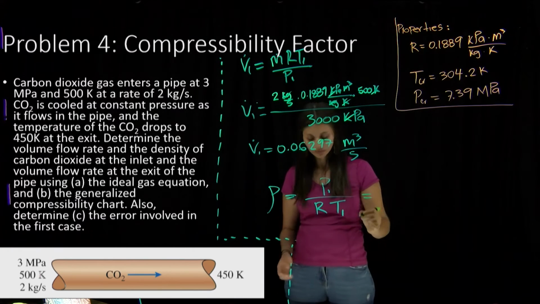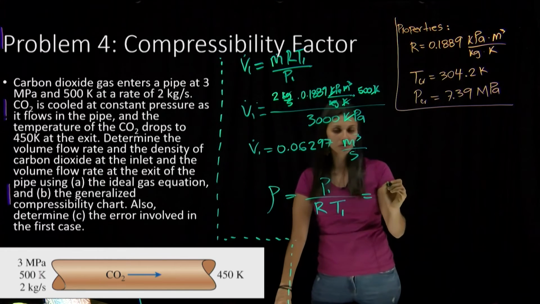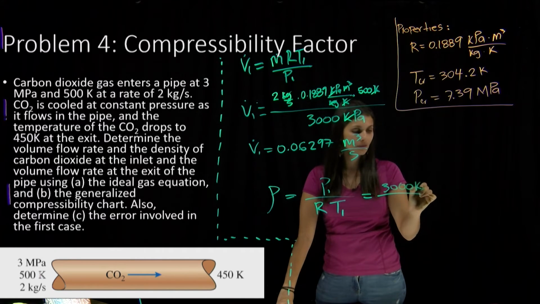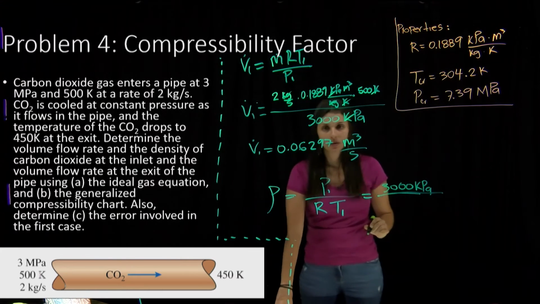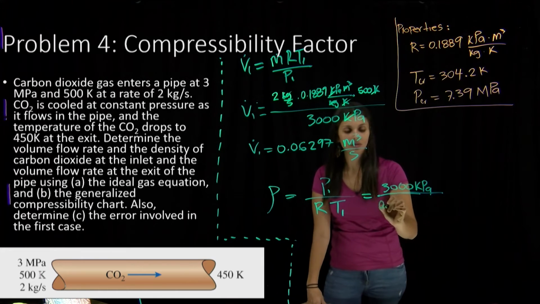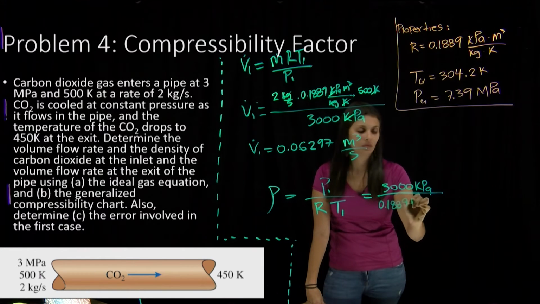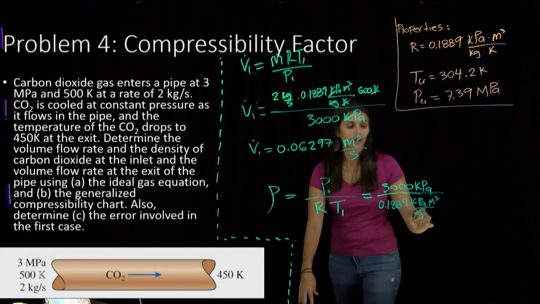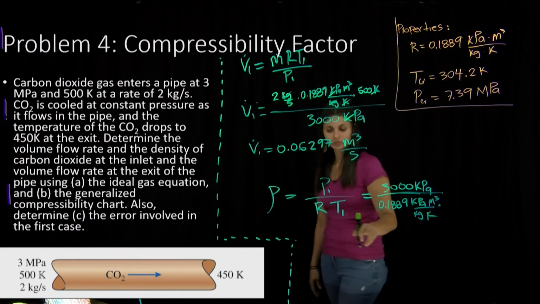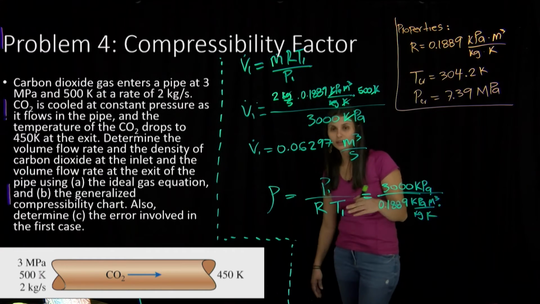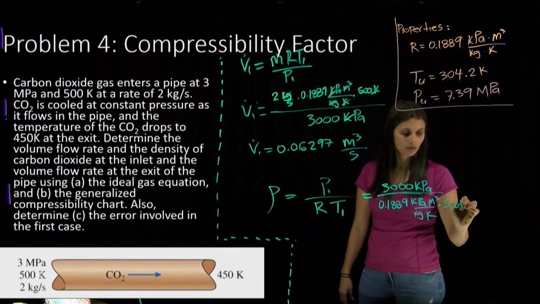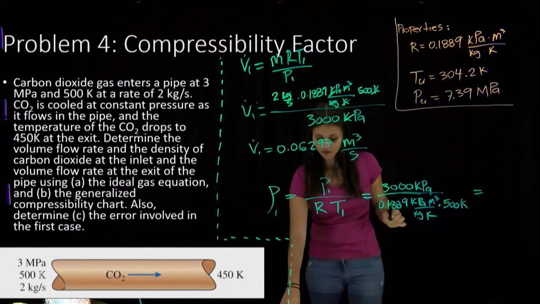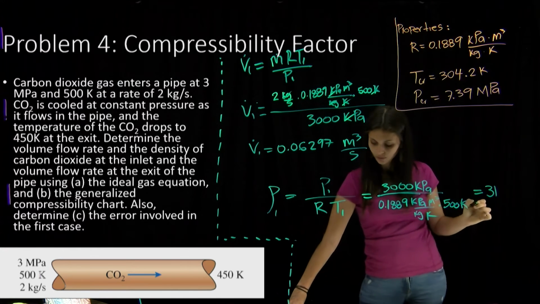We replace this: the initial pressure was 3,000 kilopascals, then our constant, and then our temperature at the inlet, which was 500 Kelvin. And that turns out to be 31.76.